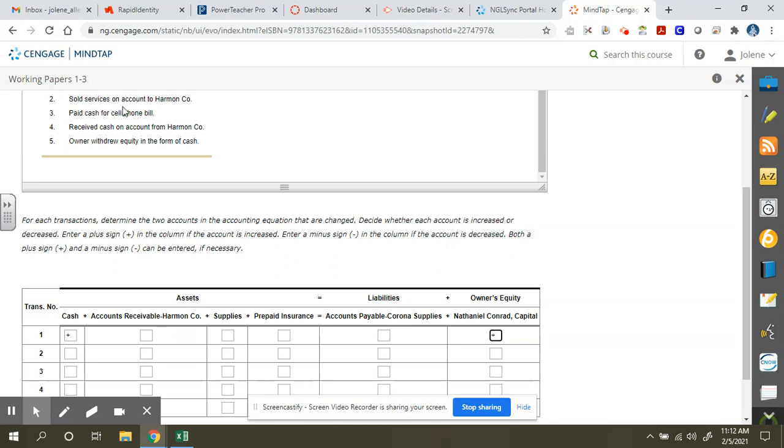Sold services on account to Harmon Company. I don't know what your service is. Maybe your service is cleaning carpets. So Harmon Company called you up and said, hey, will you come clean our carpets, but we'd like to pay you within 30 days. We don't have the cash right now.